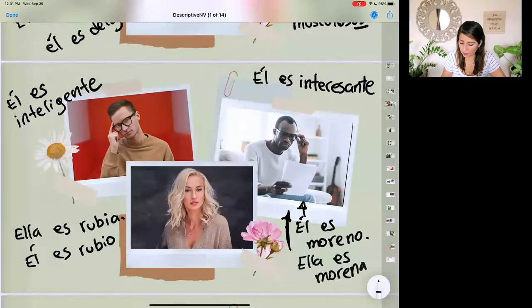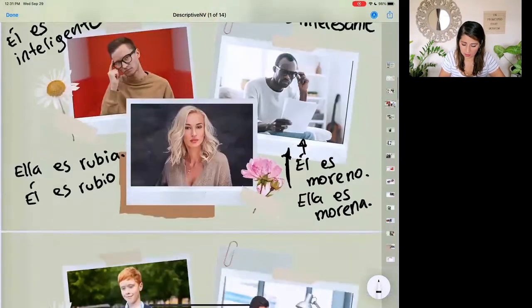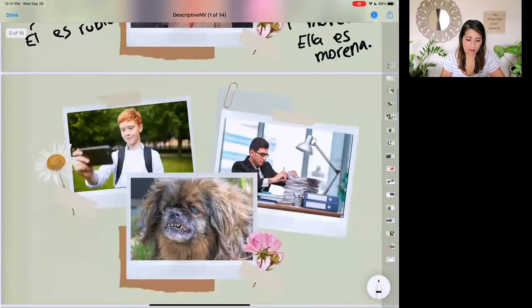This word can be also used for brunettes. So it could be for brunette or for just darker skin and hair. Okay. If somebody has red hair, we would say pelirrojo. So él es pelirrojo. Or if it's a female, ella es pelirroja.